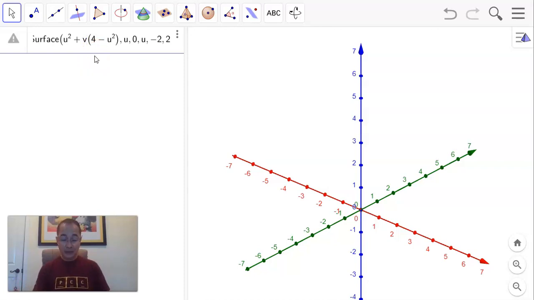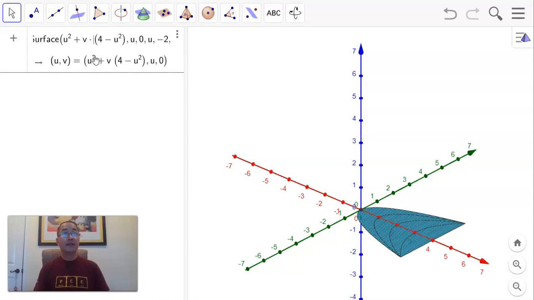We literally mean it as a product. So to make sure GeoGebra does not get confused, you put the times symbol: asterisk, shift 8. Ooh, there it is. That is the base of our solid. It's on the xy plane, as you can see.